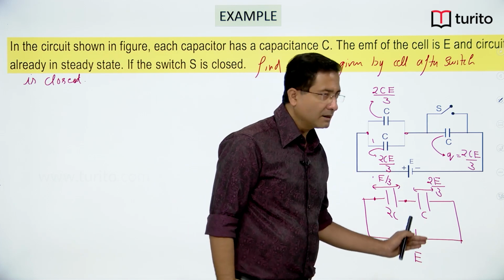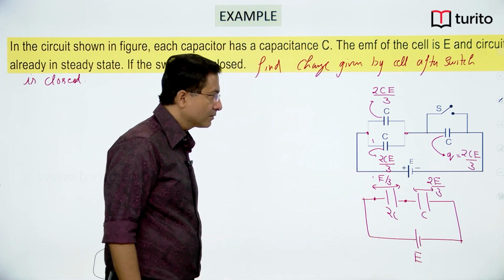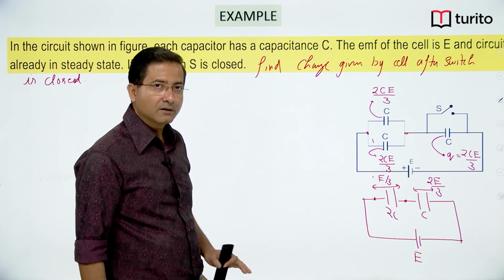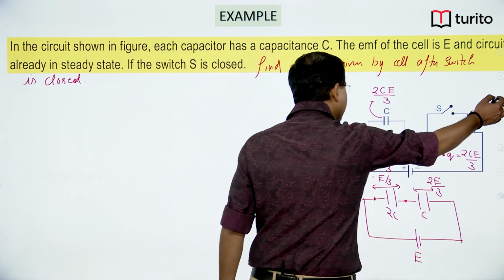So now the system has achieved its equilibrium, right. So the lower part of the circuit is not required. Now I will remove it because I used it for analysis. I will clear it.